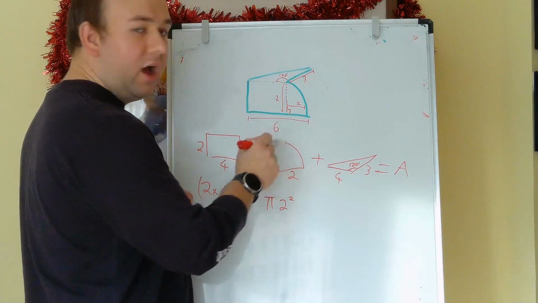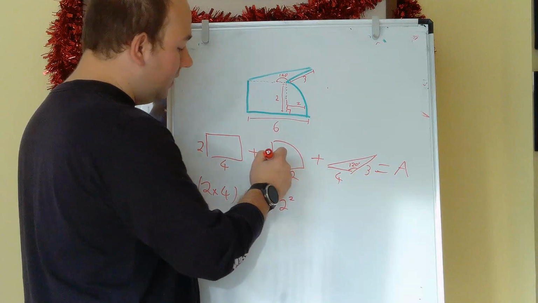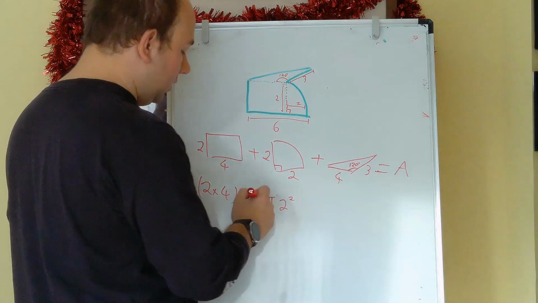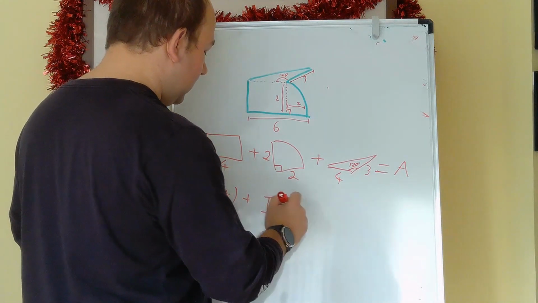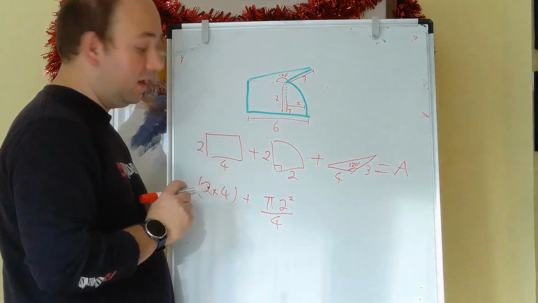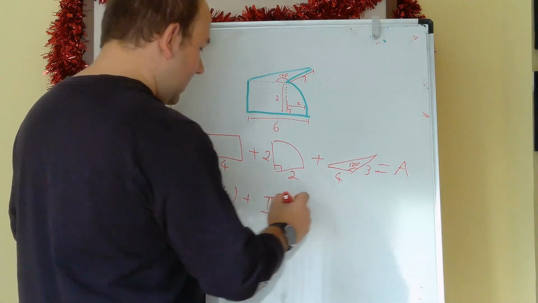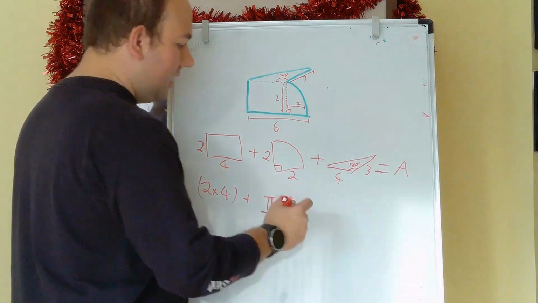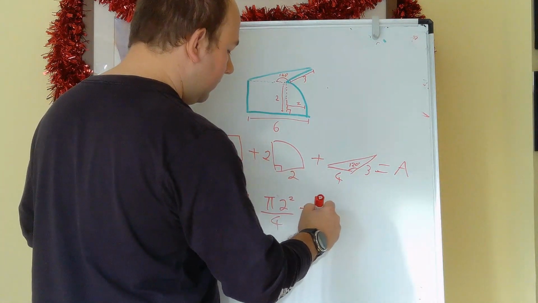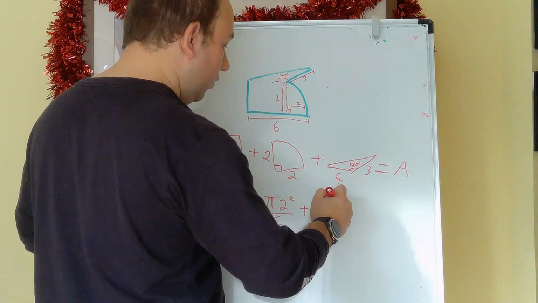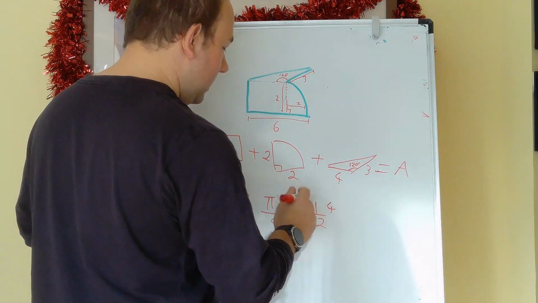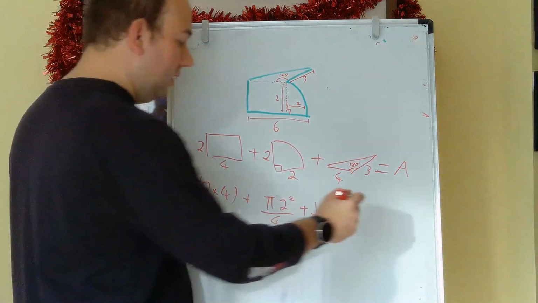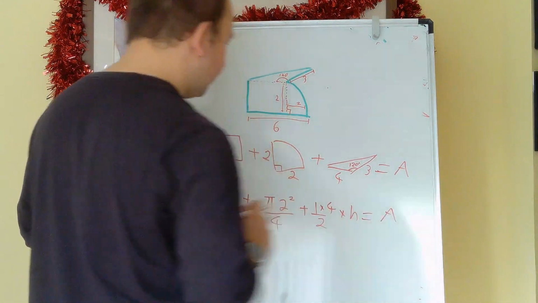But I only have a quarter of the circle, as this is the right angle, so this is 90 over 360, or a quarter. So I can multiply this by a quarter, which is the same as dividing by 4, plus half the base, which is 4, times the height, which I'm not sure yet, of this triangle, is equal to A.